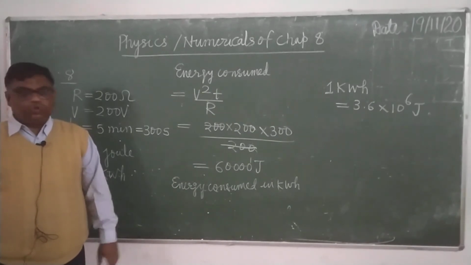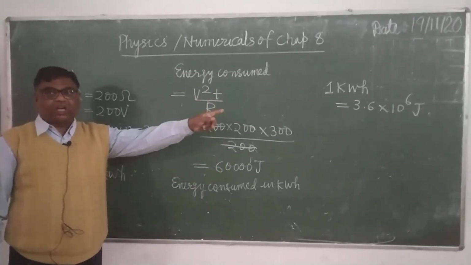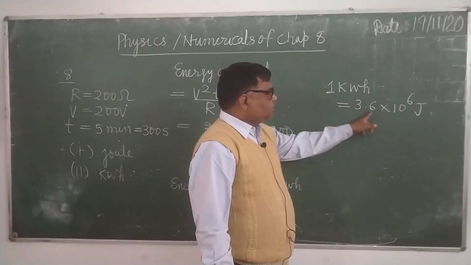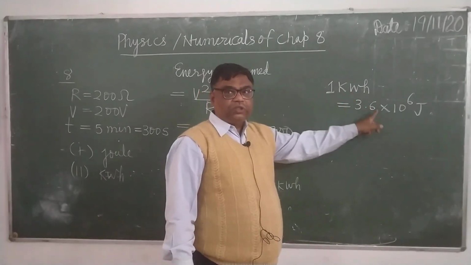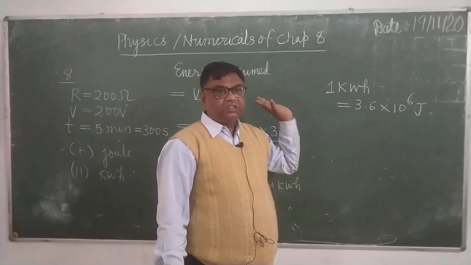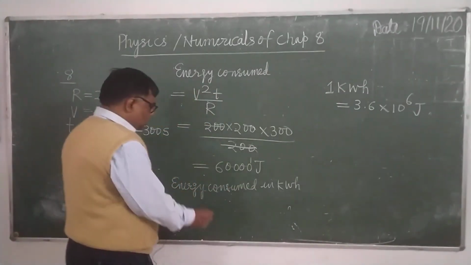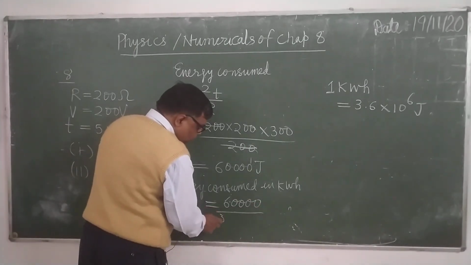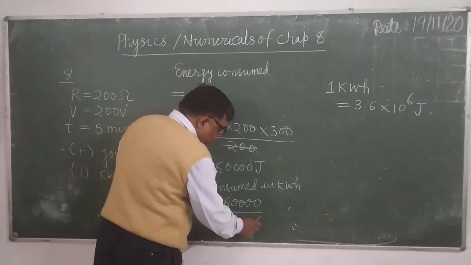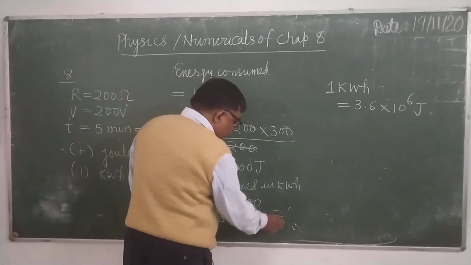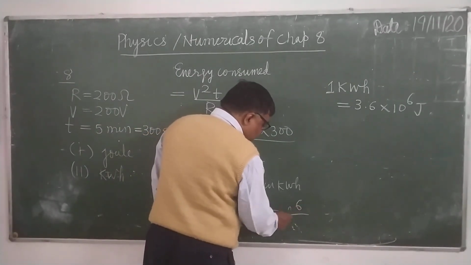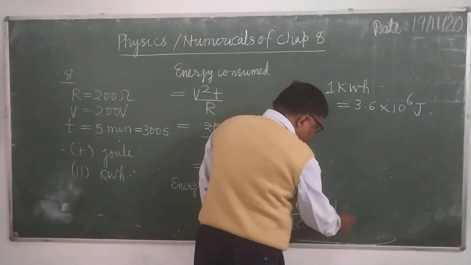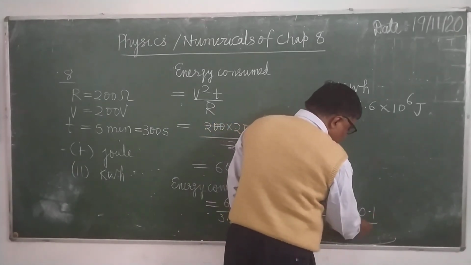You have to convert this much joule into kilowatt hour, so you will divide. Why divide? This joule equals 1 kilowatt hour, so 1 joule will be 1 divided by this. So you can see here, upon 3.6 into 10 to the power 6. So 4 zeros will be cancelled and it will be 6 upon 360, that is 1 upon 60.